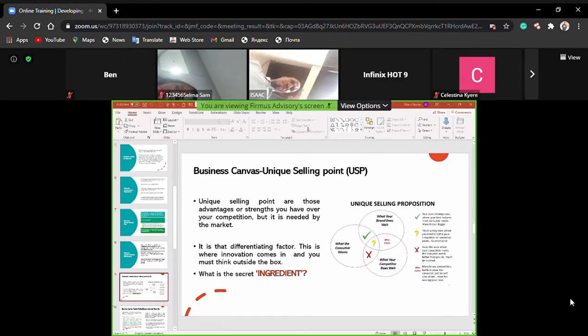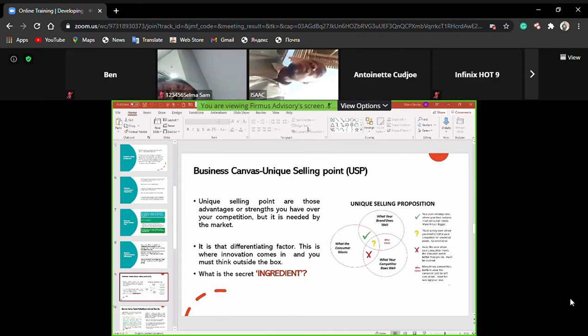So there is this little diagram over there which talks about what the consumer wants, what my brand also does very well. One of the things is you cannot beat somebody at their game. So I will not compete with what my competitor does very well. I'll rather look at what my brand does well and tailor it towards the needs and wants of the consumer, so that the consumer would focus entirely on me.